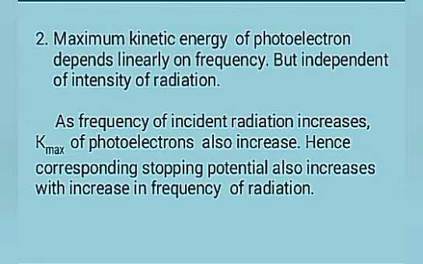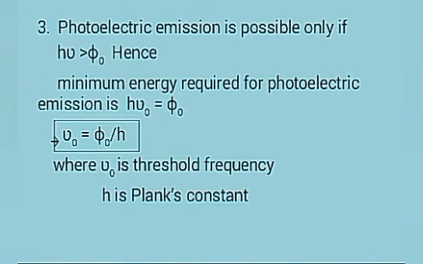Next, the third explanation is: photoelectric emission is possible only if h nu is greater than phi naught. Hence, the minimum energy required for photoelectric emission is h nu naught equal to phi naught.